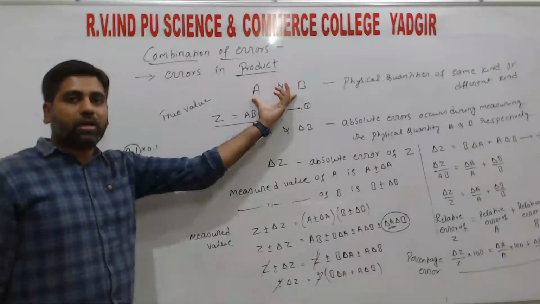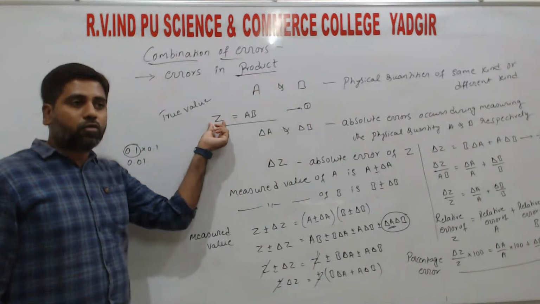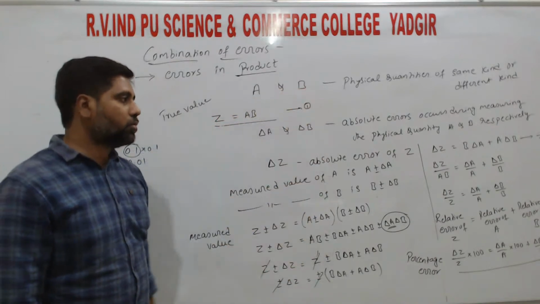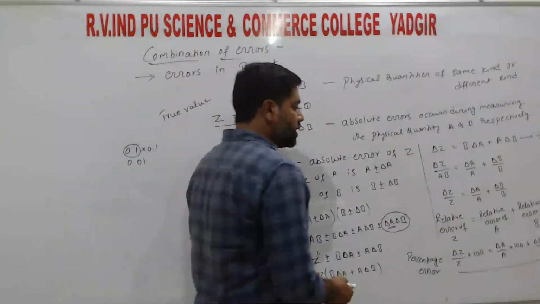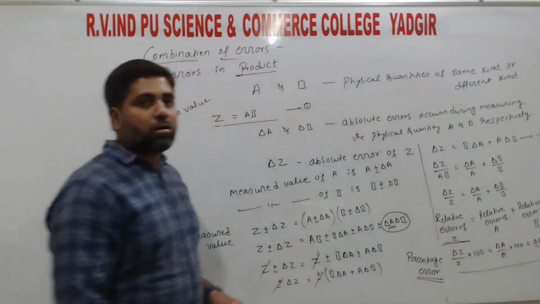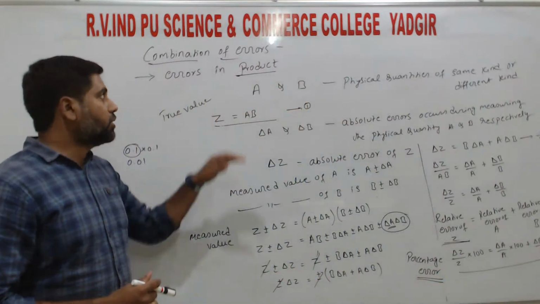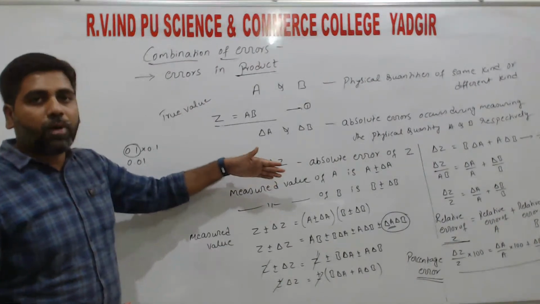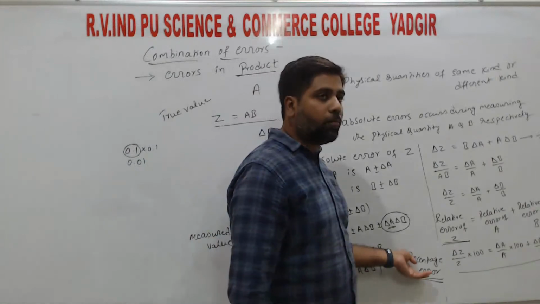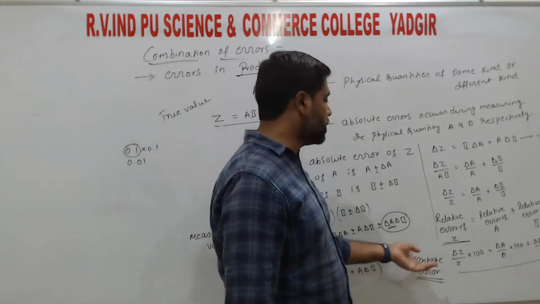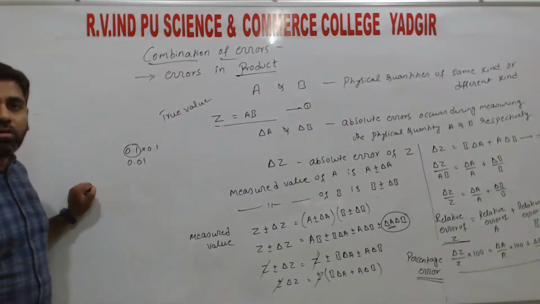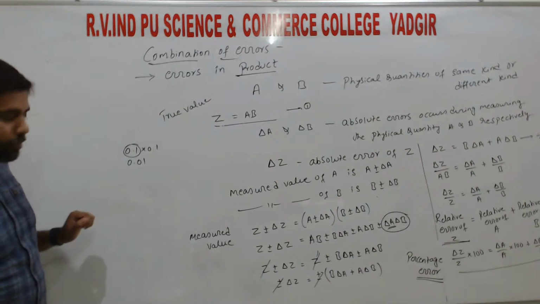So mass into acceleration, we get Z as force, F equals m into A, right? So we can multiply the two, right? So percentage error and relative error will occur by multiplying or dividing. So when relative error comes, we can easily find the percentage error, right? So percentage error equals relative error into 100%, right?